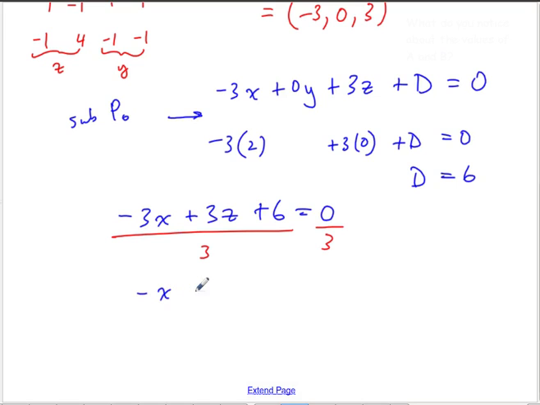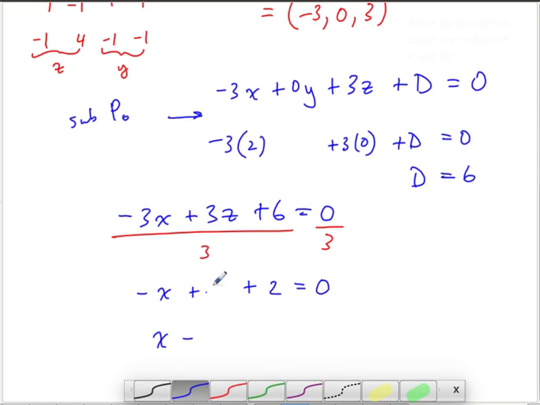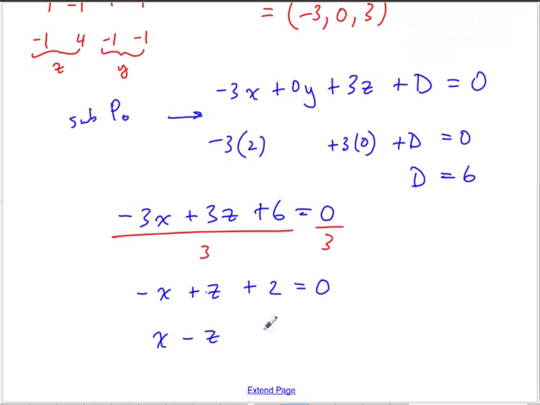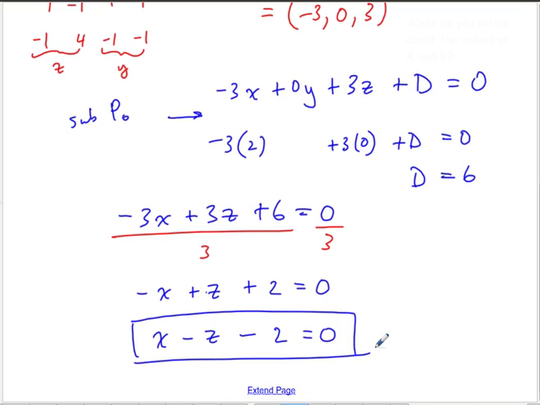So I end up with negative x plus z plus 2 equals 0. And I've mentioned to you before that there's a bit of a convention where normally we try to have the first term be positive. So I could also write that as x minus z minus 2 equals 0. And that's probably the kind of solution you're going to see, for example, in a solution set or in your textbook.